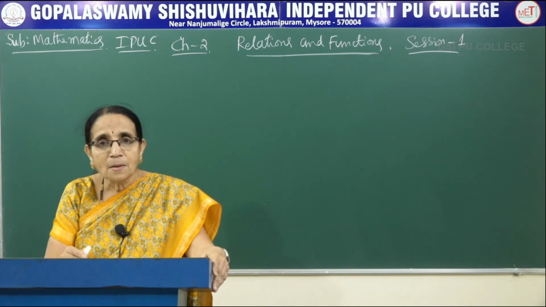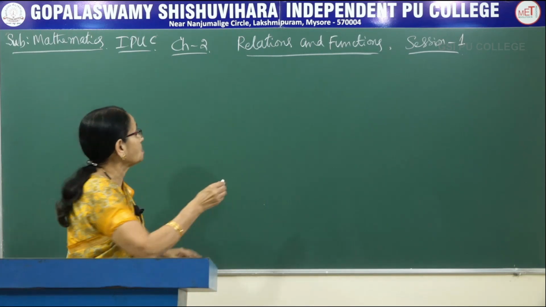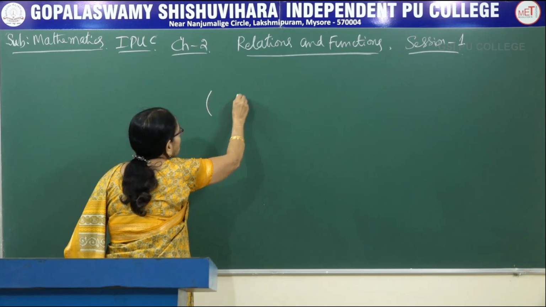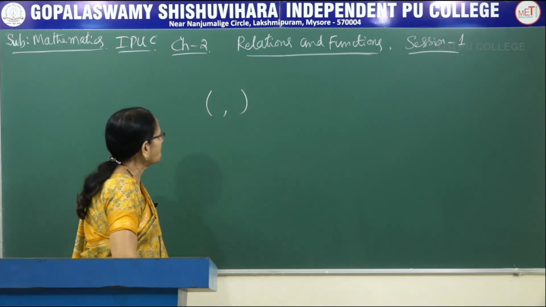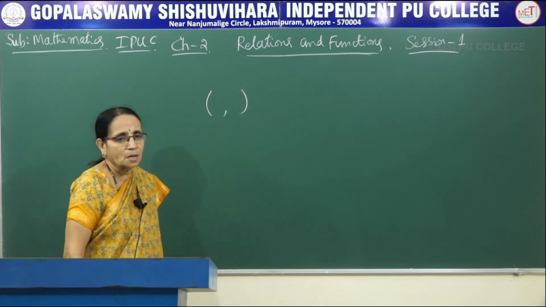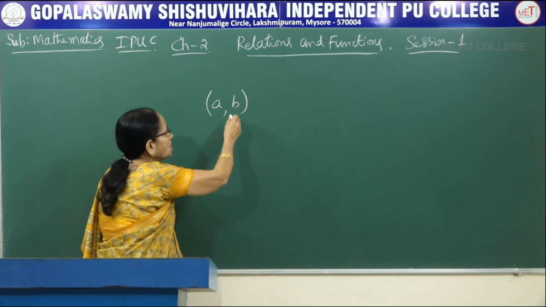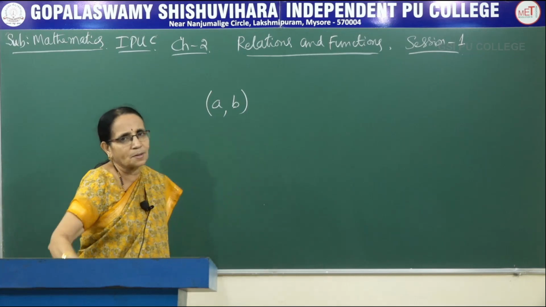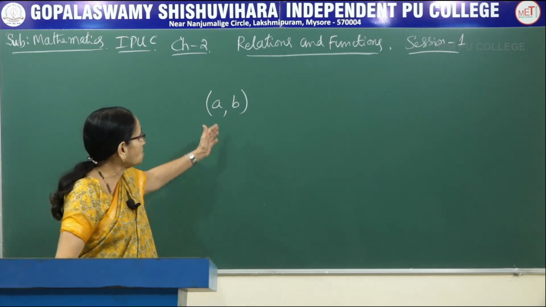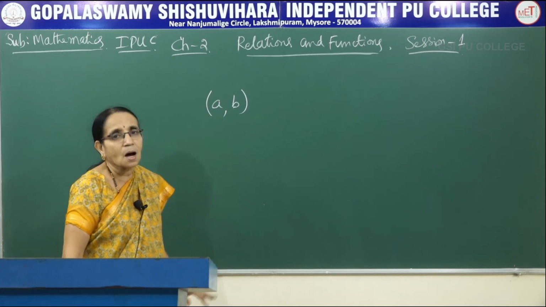Now here, the ordinary bracket is like this, isn't it? And here we consider a pair of ordinary brackets. Inside we write two elements. They may be numbers or whatever two elements. So this is called an ordered pair.